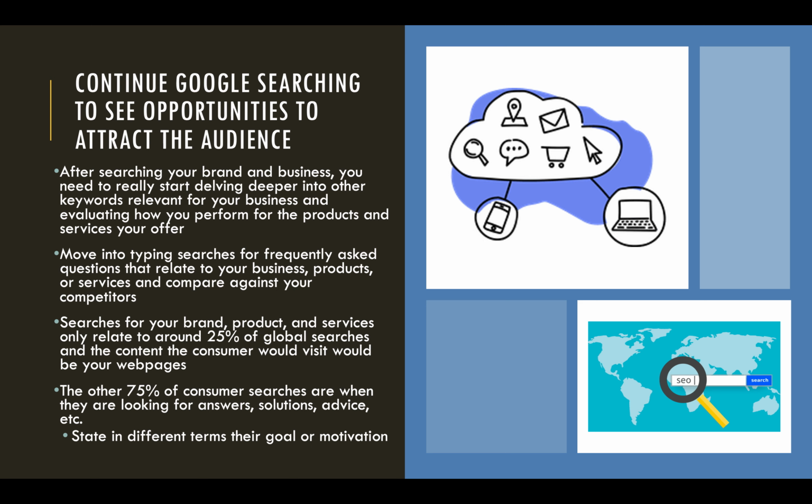Searches for your brand, products and services make up about 25% of global searches, and that's the content your consumer will want to visit and see on your web pages. The other 75% is just looking for answers, solutions, and advice. So, in other words, state what their goals and motivations are so your search results will appear.